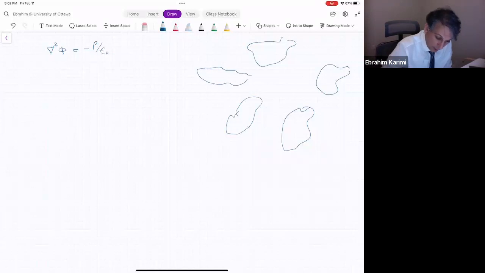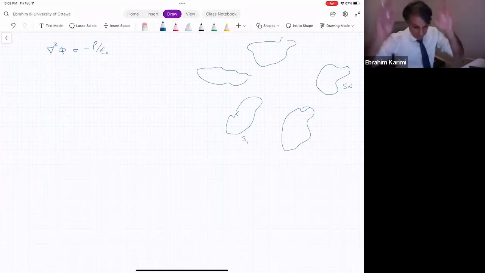We realized that, assuming there is no charge, the boundary condition we do have is from S1 to Sn, the surfaces or boundaries that we have.